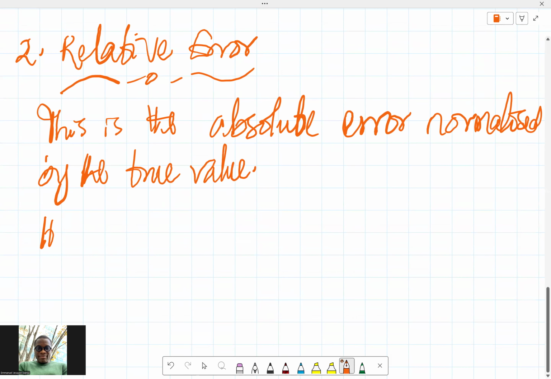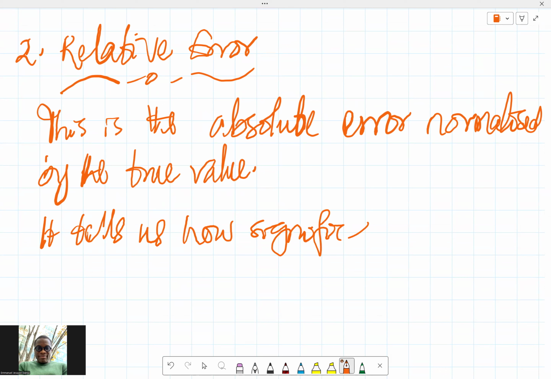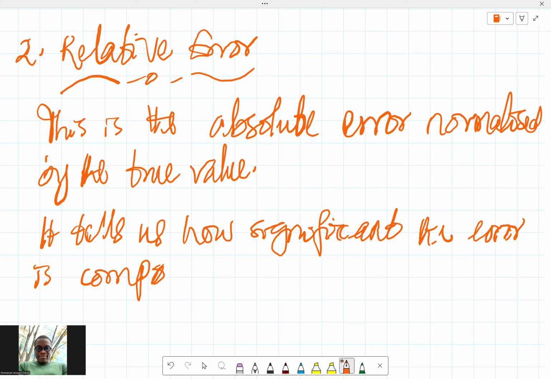What this does is that it tells us how significant the error is compared to the actual value.